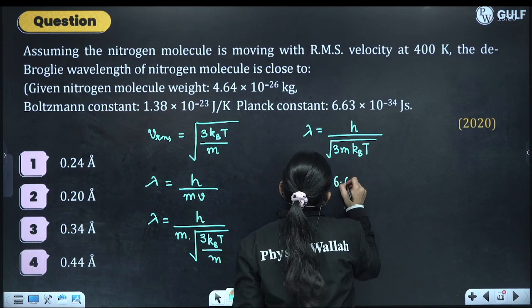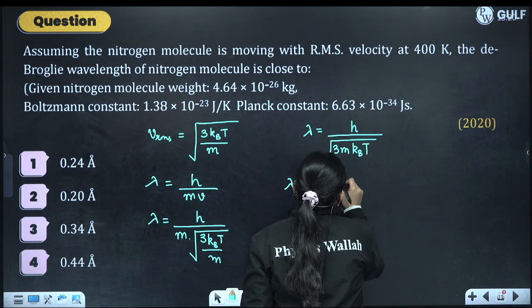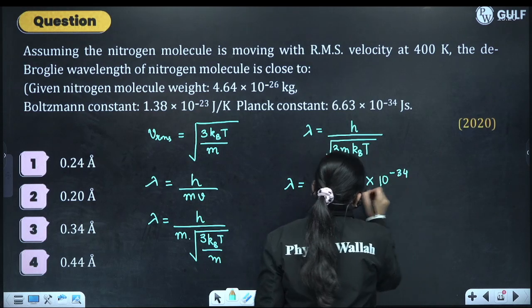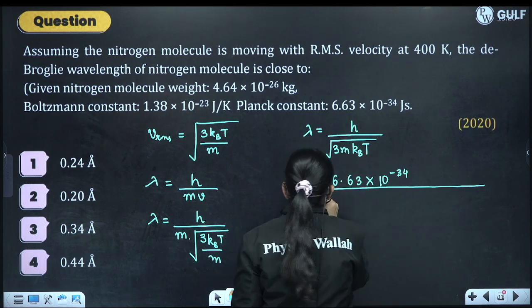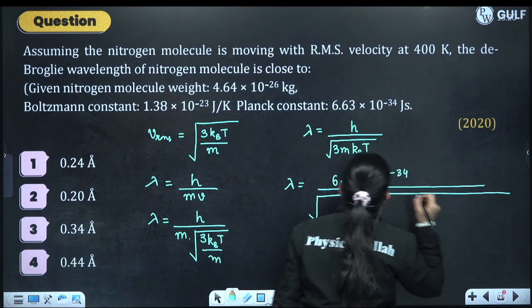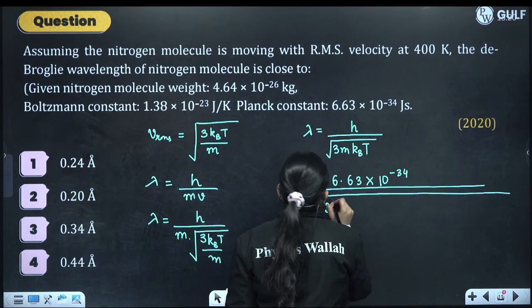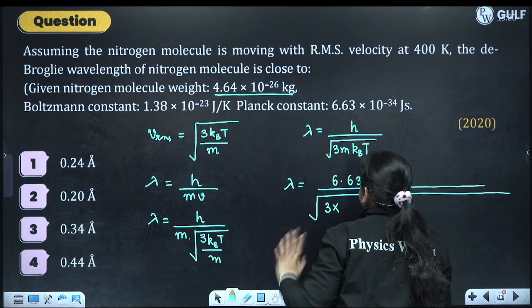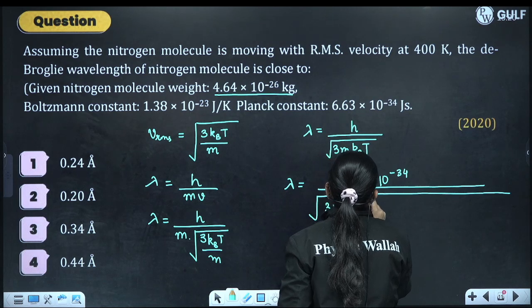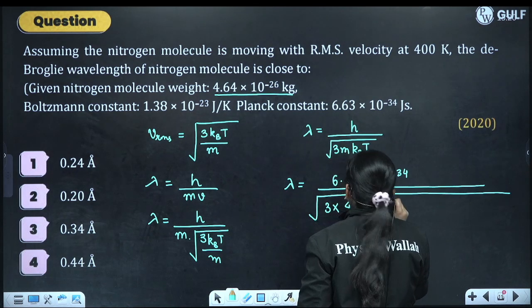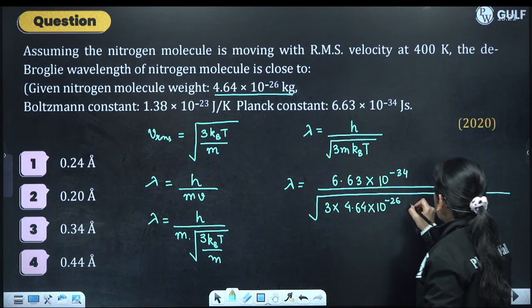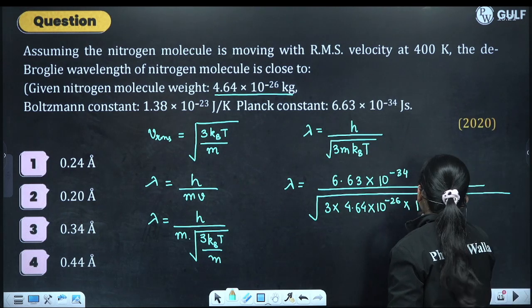Lambda is given as 6.63 into 10 raised to the power minus 34 divided by under root of 3 into, what is the mass? We are given the weight of one nitrogen molecule, so m is given to us. Boltzmann constant is also given to us.